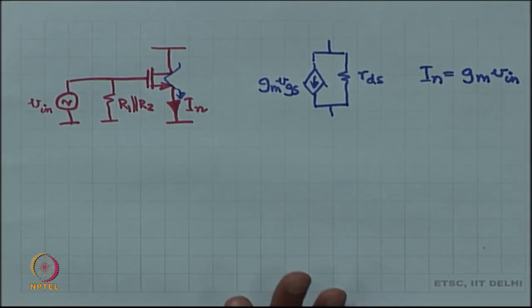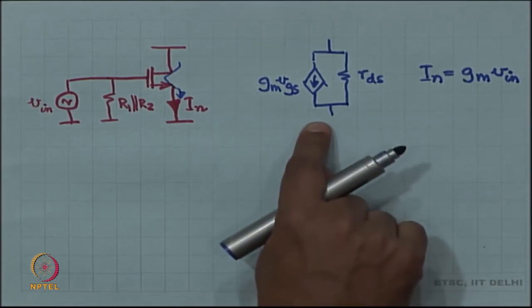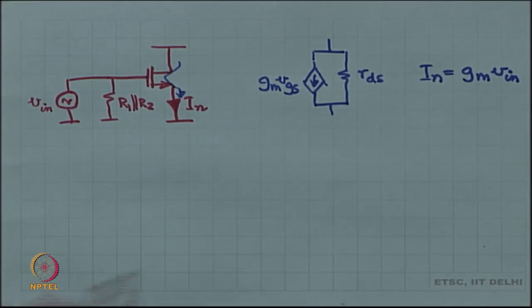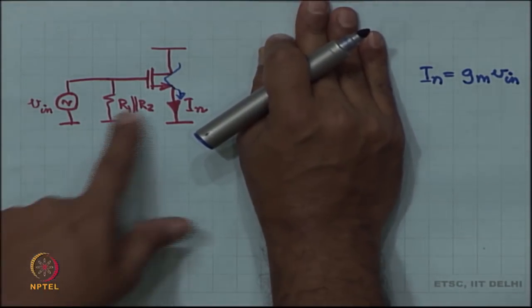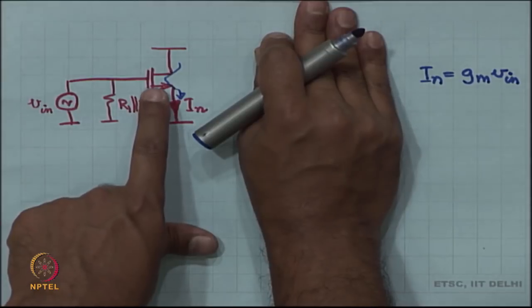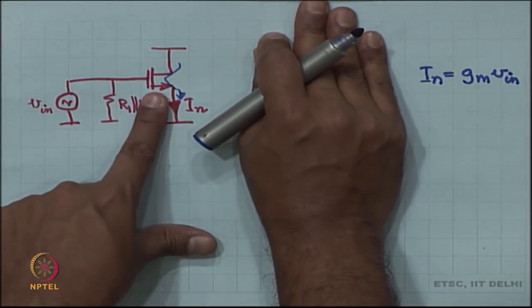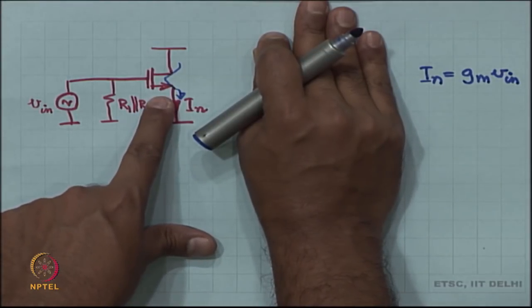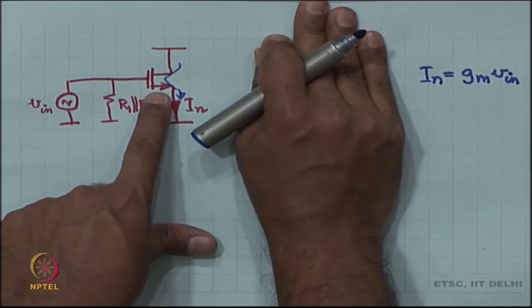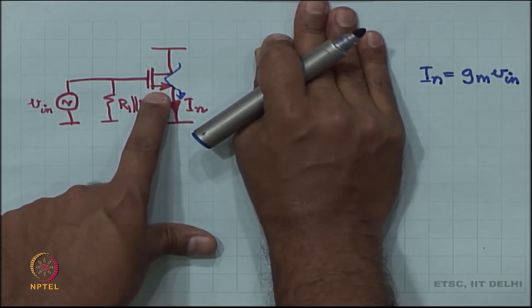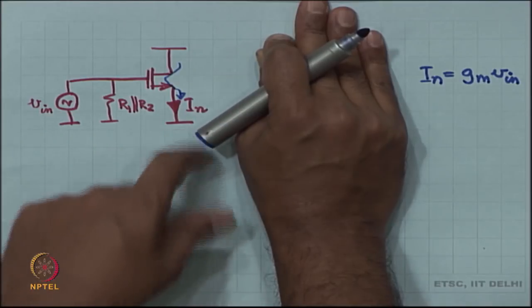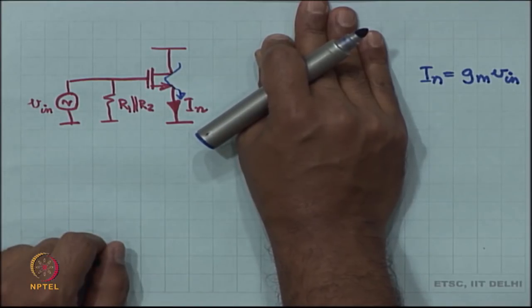So, this is something that you imagine. You do not really have to draw it every time. I have drawn it right now just because this is the first time we are doing it, but the next time you just think what is inside the MOSFET. There is a GM VGS, there is an RDS, and then there is GMB times VBS. VBS is 0, so GMB VBS does not matter.